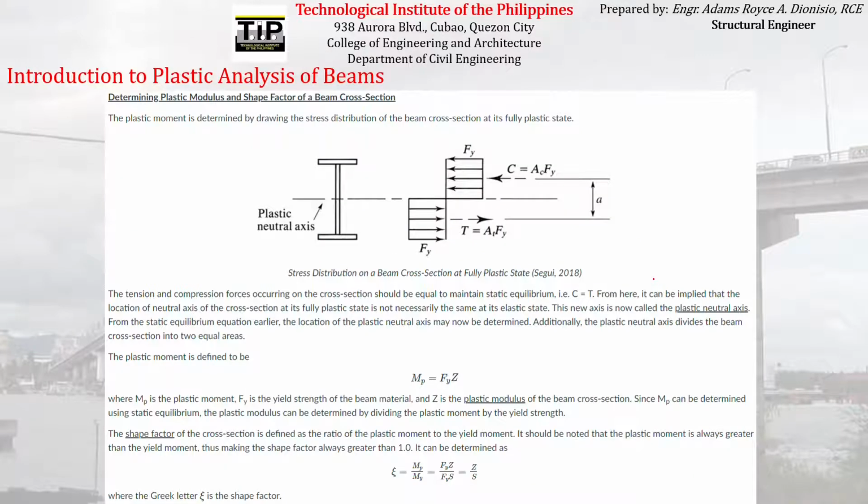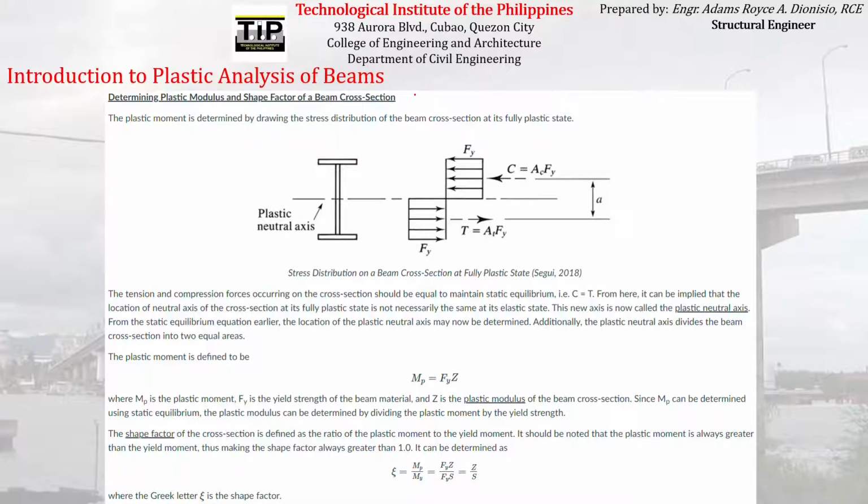So, that is how we design the beam. Dapat hindi siya dumating dun sa point na yon na it will already form plastic hinges, or in other words, it already experienced the plastic moment na tawag natin. Okay? So, iniiwasan natin yon.